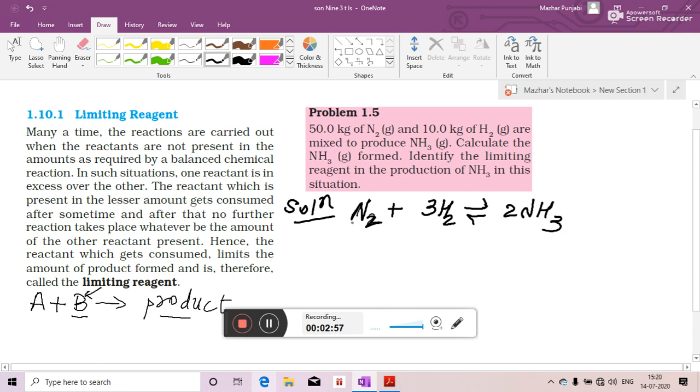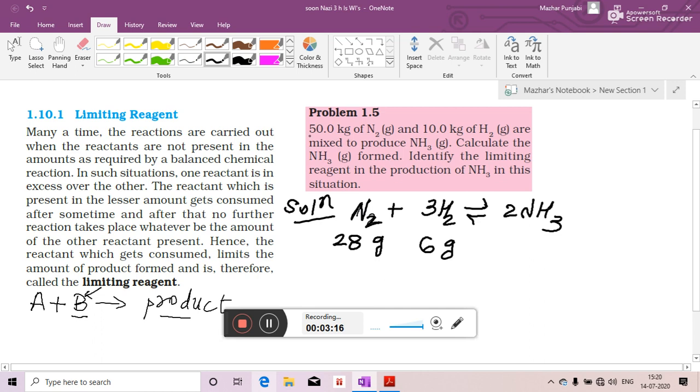Now molar mass of N2 is 28 gram. Molar mass of 3H2 is 3 into 2, that is 6 gram. So 28 gram nitrogen reacts with 6 gram of hydrogen.